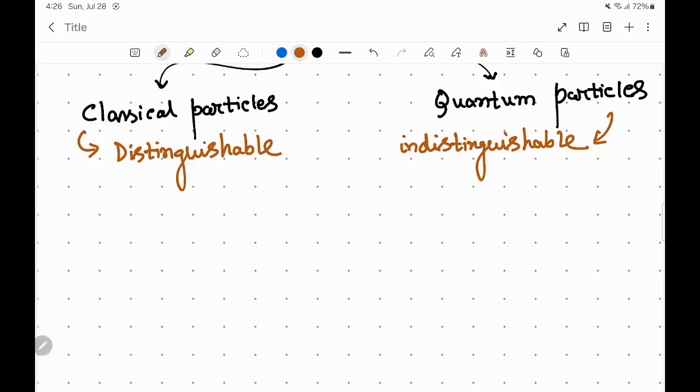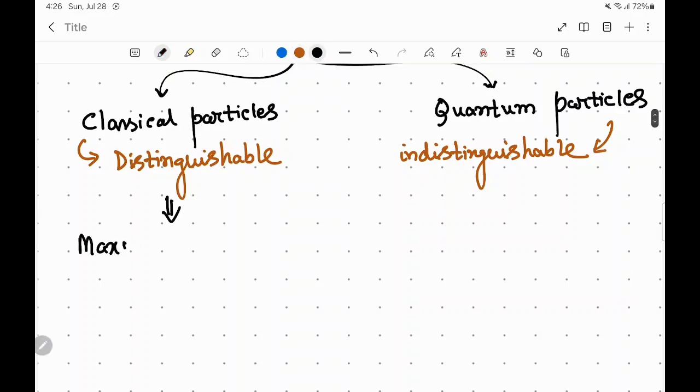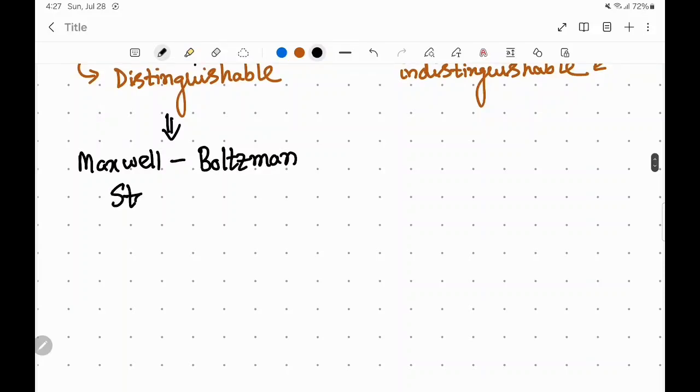That's why for quantum mechanical particles, the overall study of statistical mechanics will be very different. For classical particles, this statistics is basically called Maxwell-Boltzmann statistics, or MB in short.